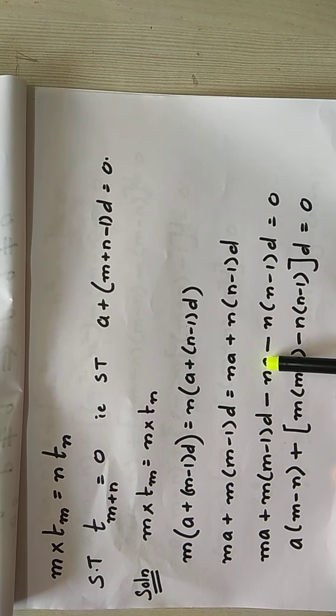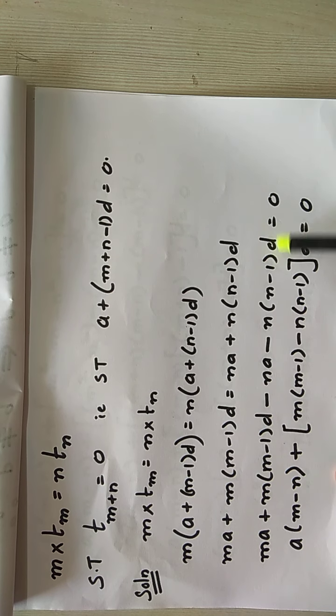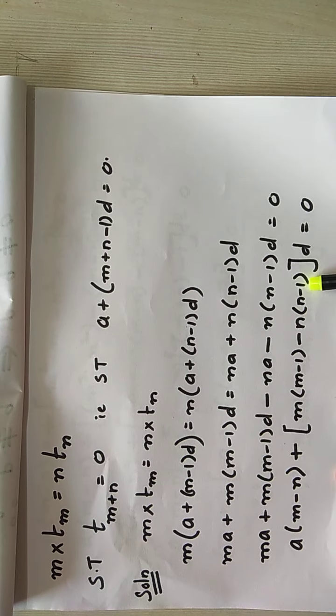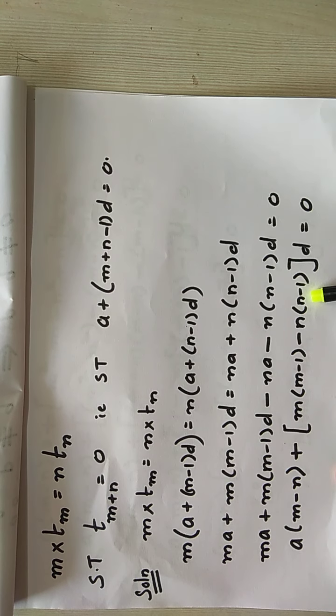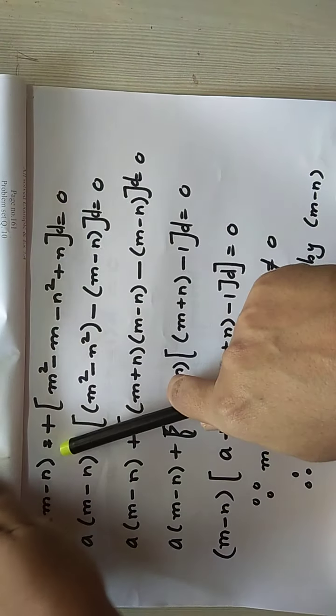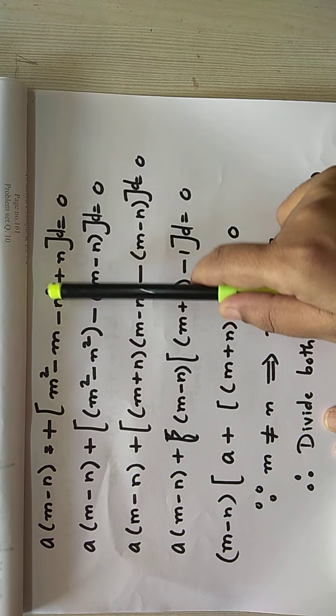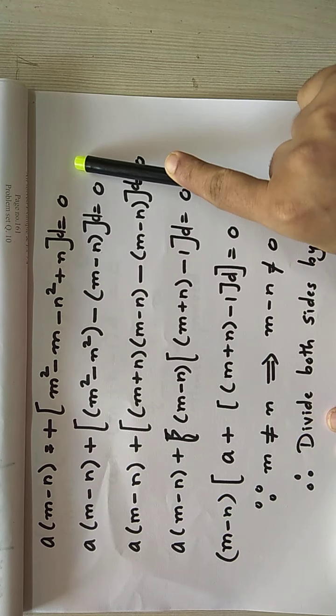These two have a common factor, so a comes out common, m minus n remains, plus these two have d common, so d comes out common, and m(m minus 1) minus n(n minus 1) remains inside the bracket. After solving further, we get a(m minus n) plus d times (m square minus m minus n square plus n) equal to 0.